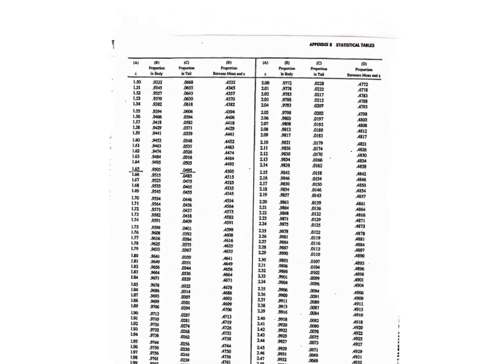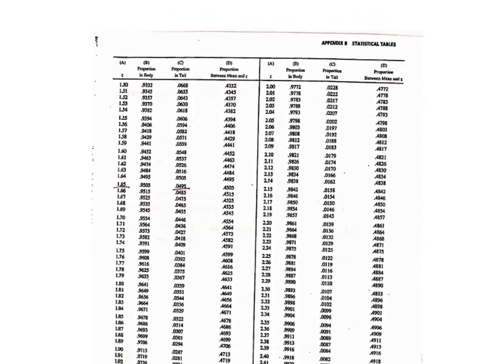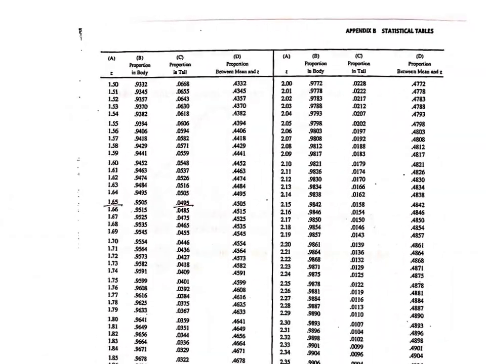All right, so we go to our Z table, and remember, proportion in the tail is in column C, as in canary, and we look for the Z score. What we find is that there are two choices. We have a proportion of 0.0505, which is a bit over 0.05, associated with a Z value of 1.64.